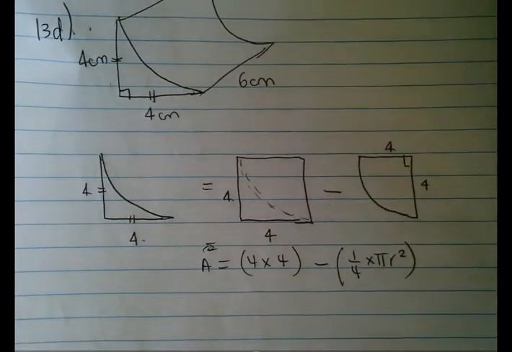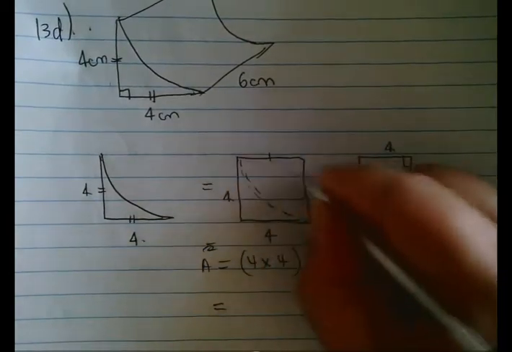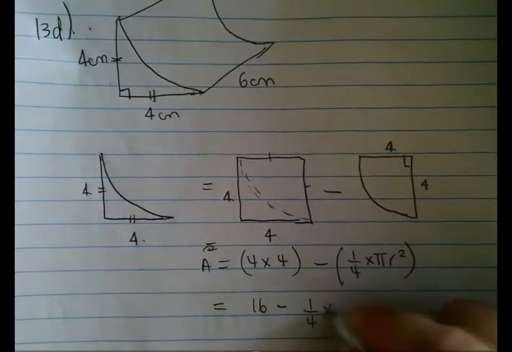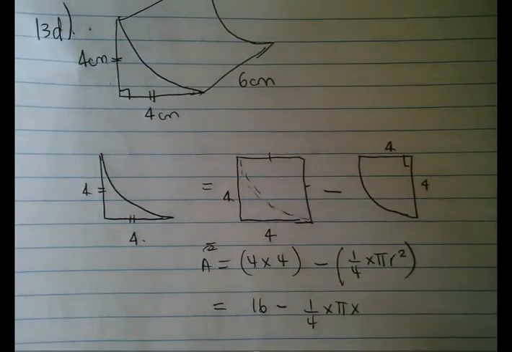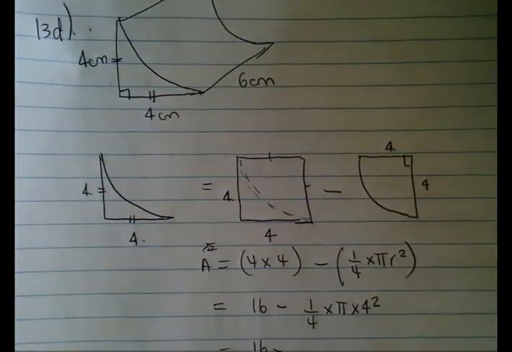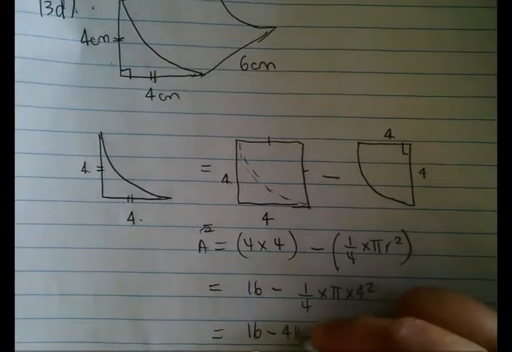So I've got my square minus a quarter times pi times what? 4 squared? What's a quarter of 16? 4? That's your area.